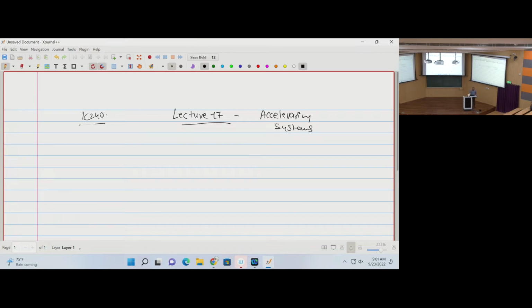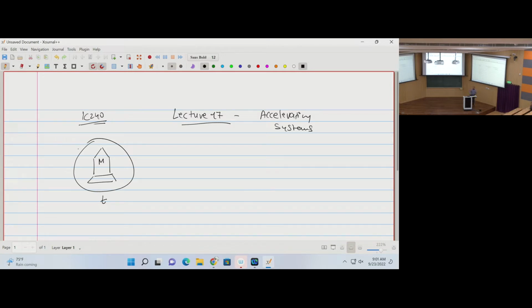So let's say we have a rocket. We'll start with that. The rocket has a mass of capital M. Now the mass of the rocket will change with time. The rocket has fuel in it that is burning. So at time t, this is how I define my system.